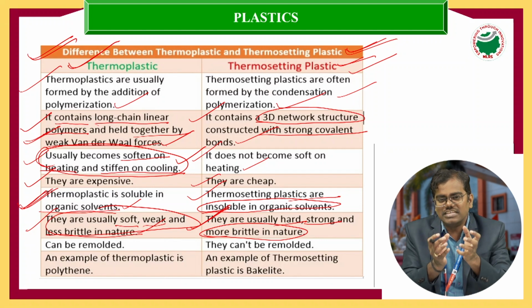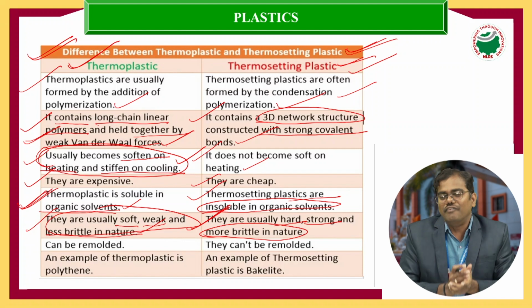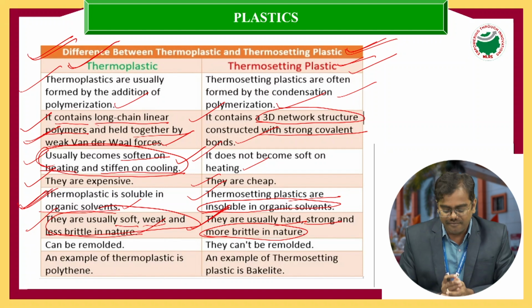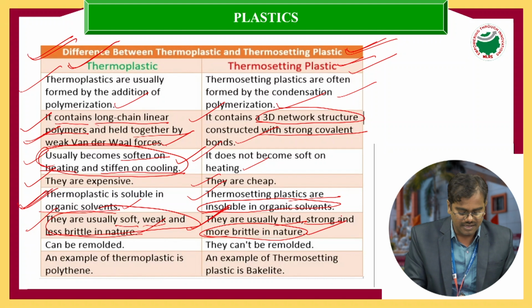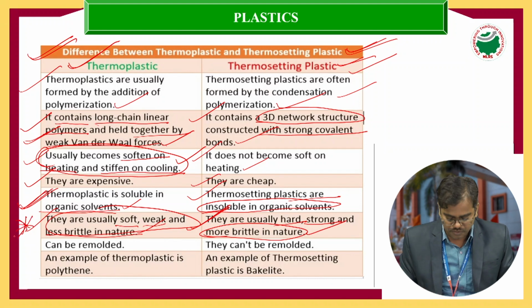The covalent bond is very strong, and we can't easily break it when exposed to temperature. That's why thermosetting resins are very strong, very hard and more brittle in nature. These are the most important points on thermoplastic and thermosetting resins.